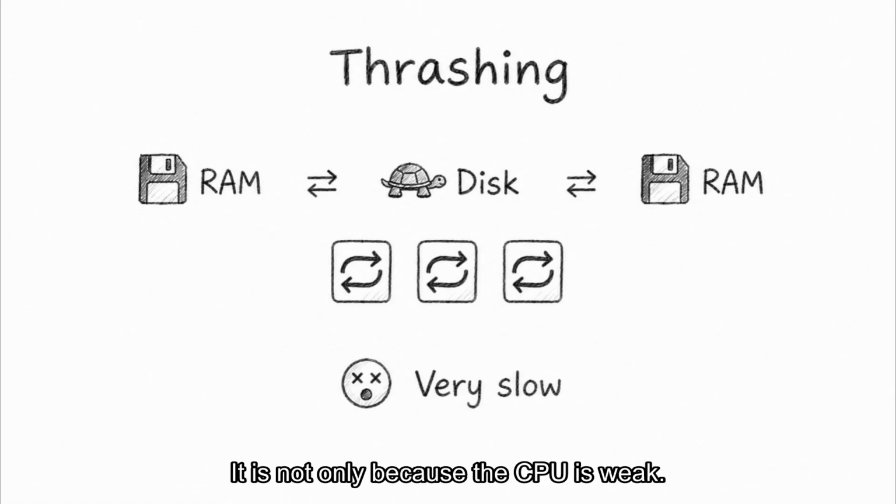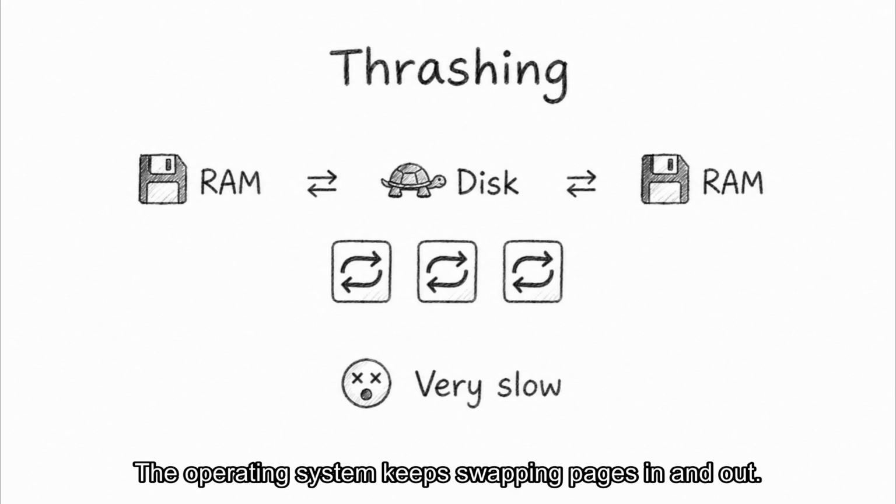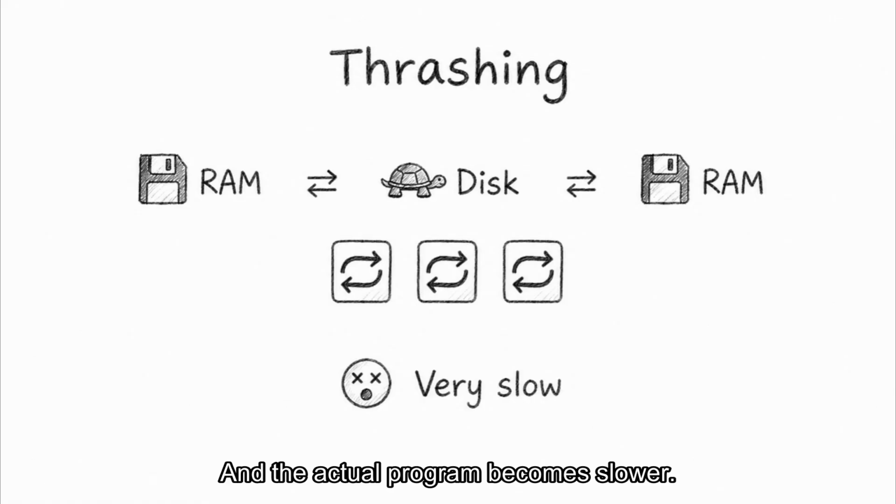It's kind of terrible. It's not only because the CPU is weak. Sometimes, the problem is that the memory is under too much pressure. The operating system keeps swapping pages in and out, and the actual program becomes slower. So memory management is deeply connected with the overall performance of the computer.